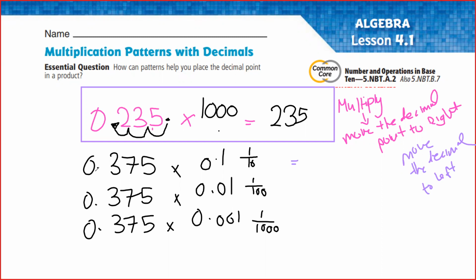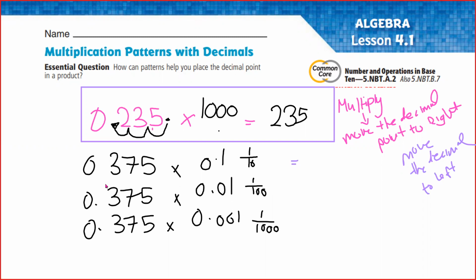We're going to move the decimal point to the left. So if you multiply by 0.1, 0.01, 0.001, you're going to move the decimal point to the left.